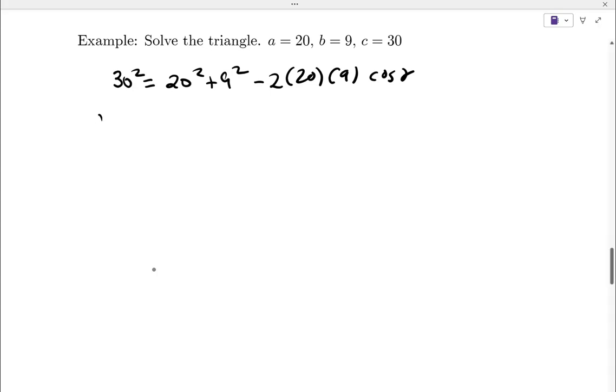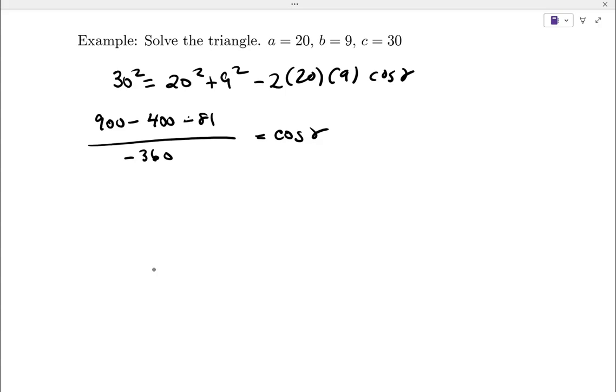30 squared is 900, 20 squared is 400, 9 squared is 81. 9 times 20 is 180, times another 2 will be 360. So again, I just subtracted over and then divided.